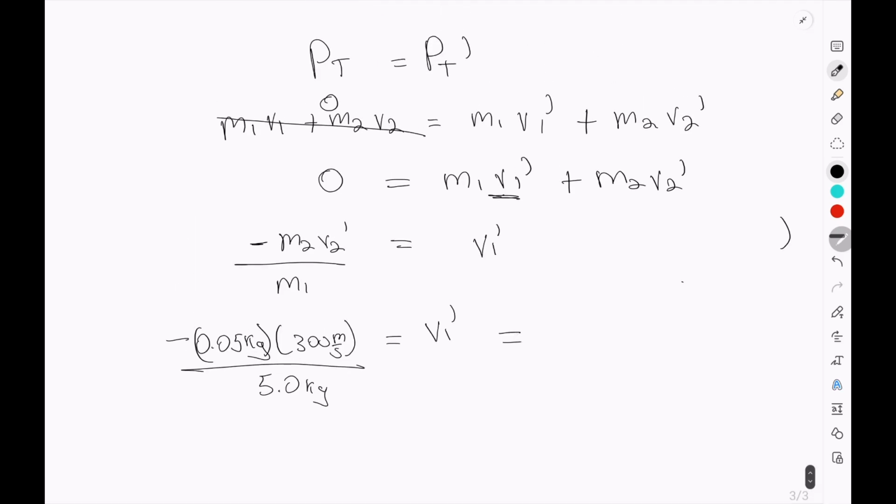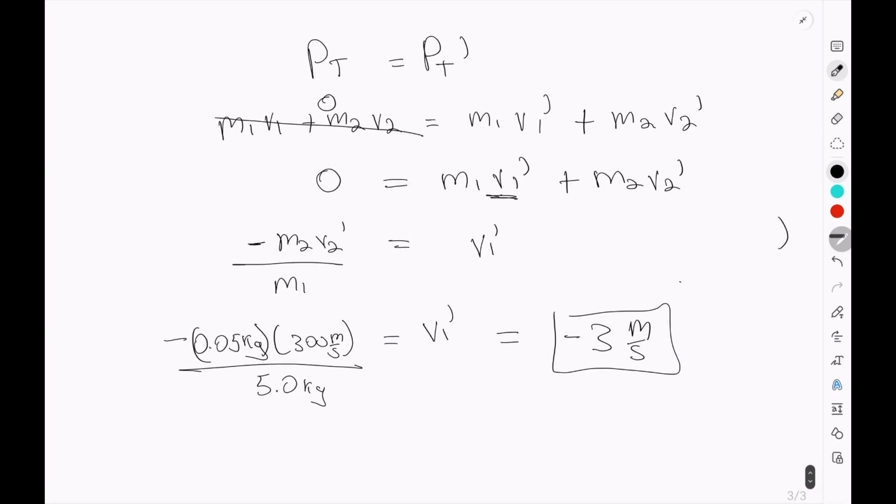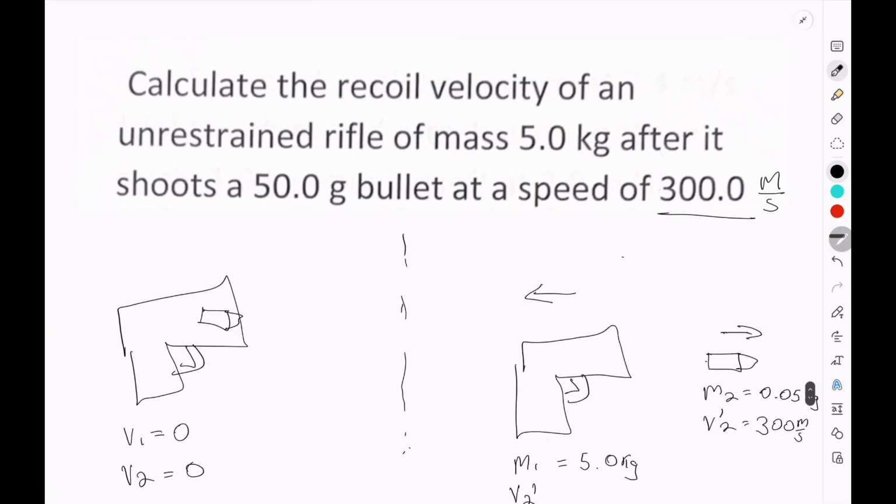So plugging it into my calculator gives me negative 3 meters per second. So this is the velocity of the gun, the recoil velocity of the gun.